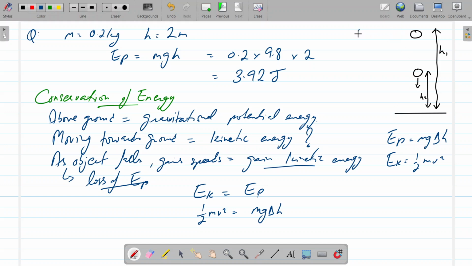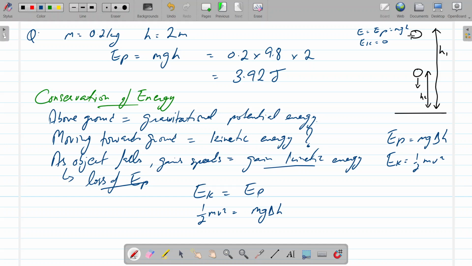At this point, right, energy equals EP. All the energy is potential energy, which is mgh, and Ek equals 0 because it's not moving at this point.